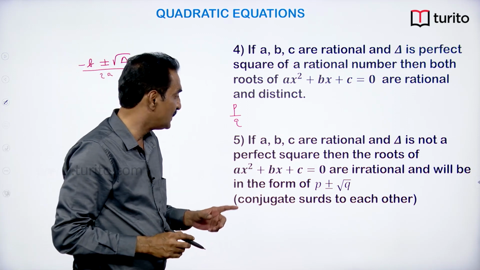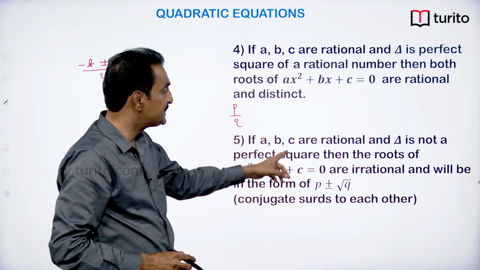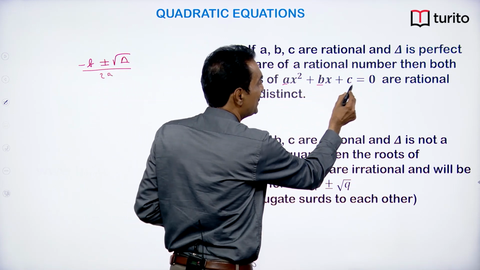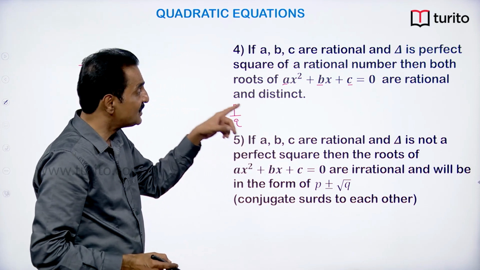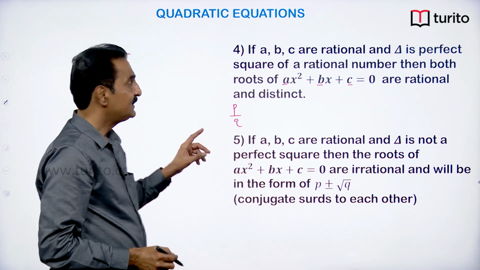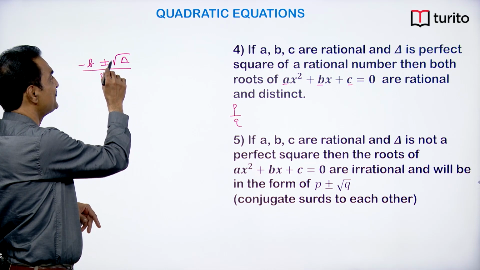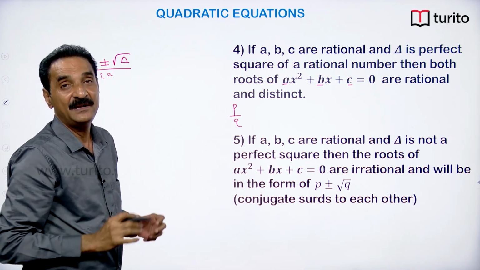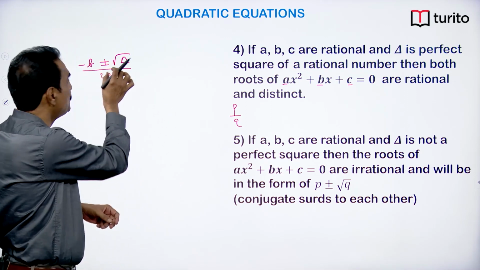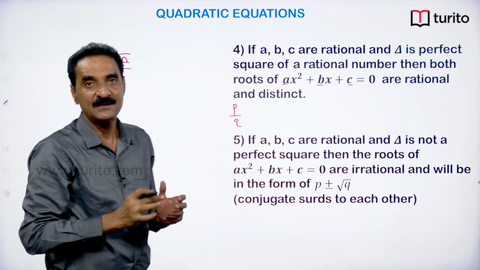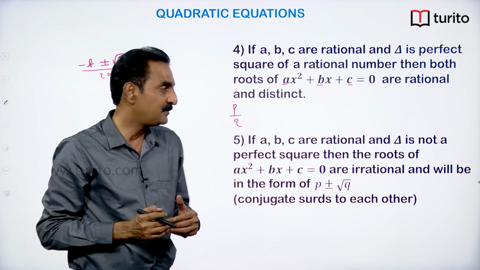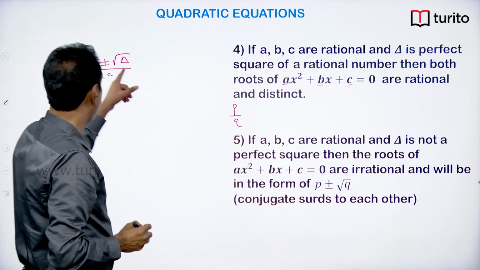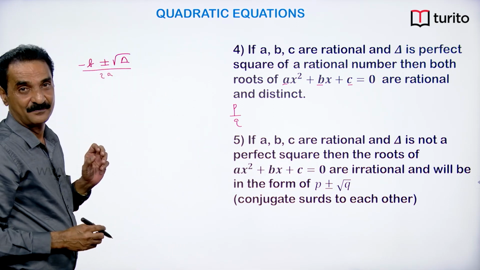Now, coming to the fifth point, if a, b, c are rational, when the coefficients are rational and delta is not a perfect square, then square root will be remaining there. Then it is called an irrational number. If some square root is present in the number, that number is called an irrational number. Therefore, the roots are irrational because root delta is irrational.